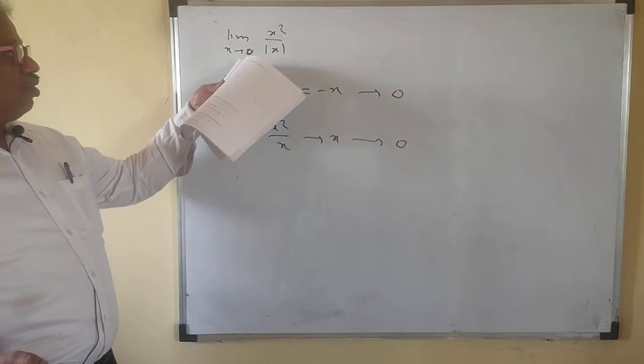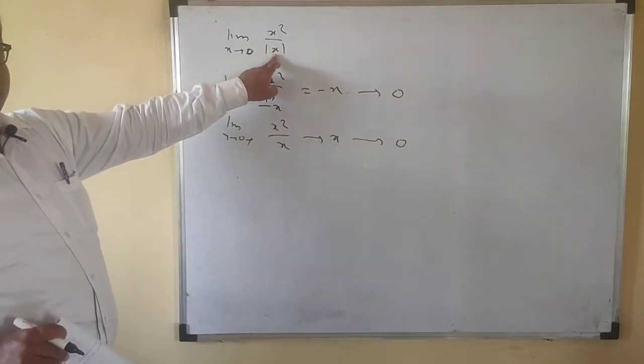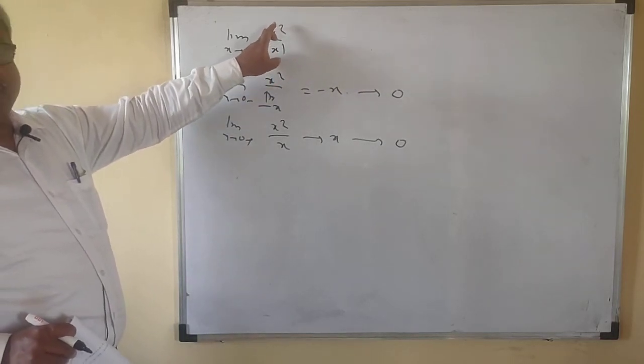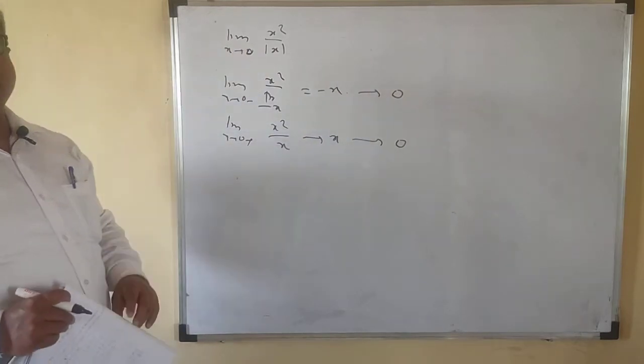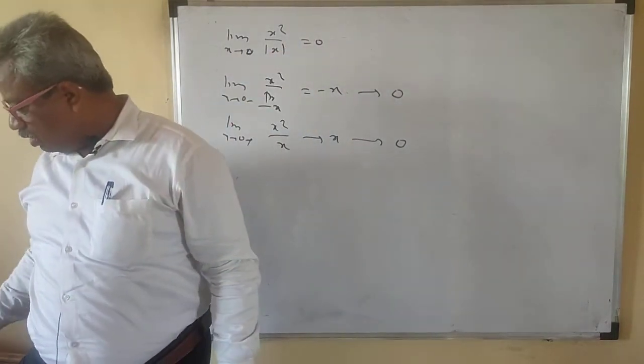If x is positive, that is, x tends to 0 plus, then mod x will be x, this will be x, and it tends to 0. So the left hand limit and right hand limit are both 0, since one x remains in the numerator. That means this limit exists and is equal to 0.